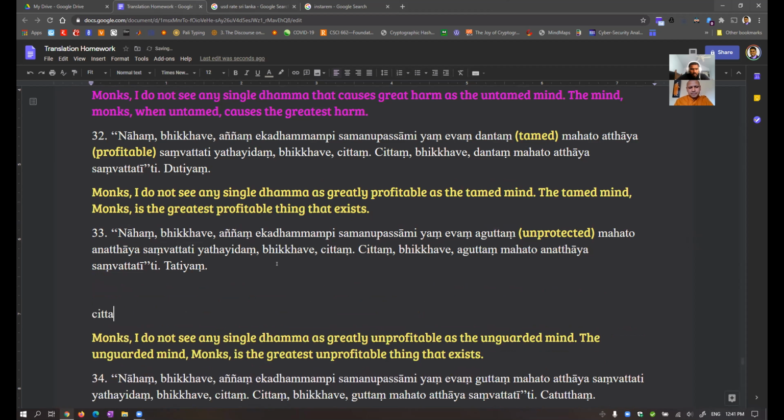Chittang guttang. Chittang guttang sukhavaham. Oh, now I'm in trouble. How do I do that? I don't remember. There we go. Nice. So one downside is I have to space them out, otherwise it's not going to do the autocorrection.